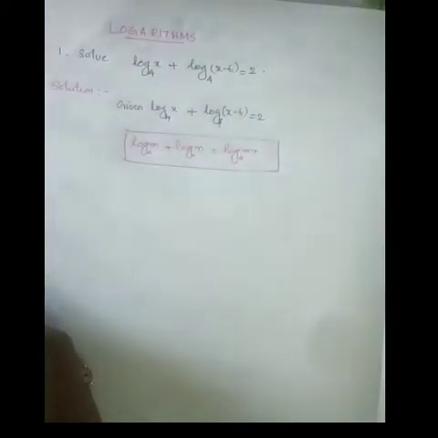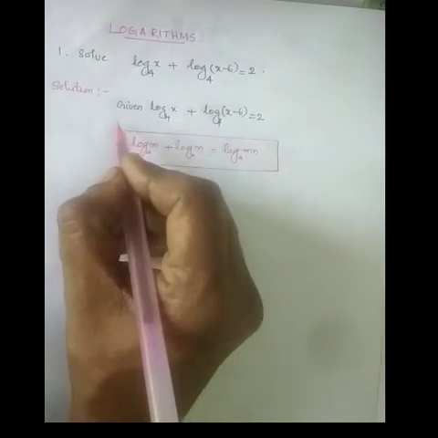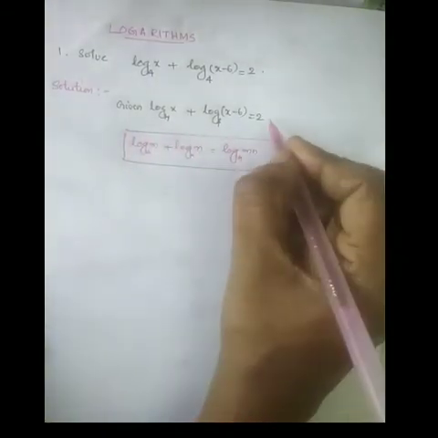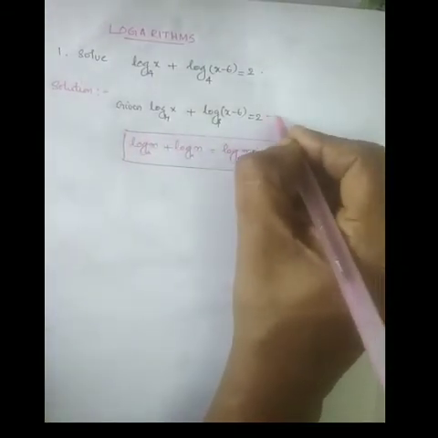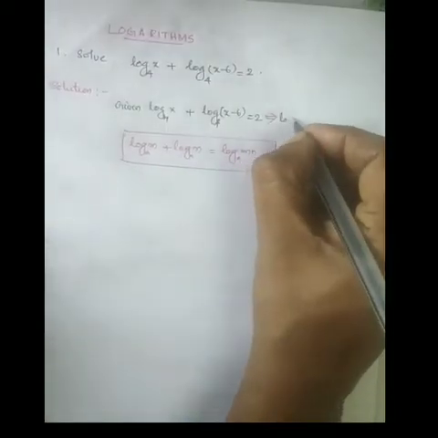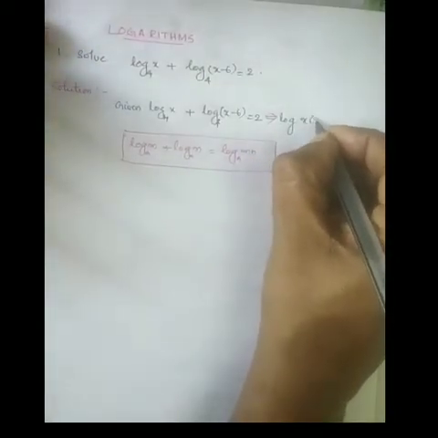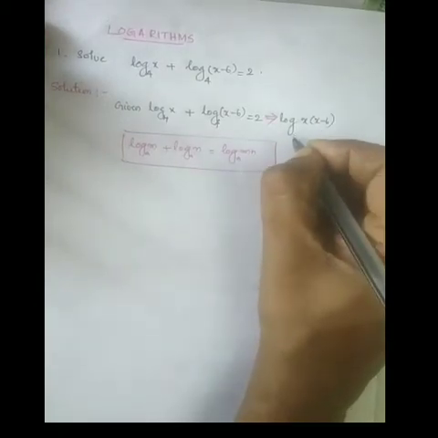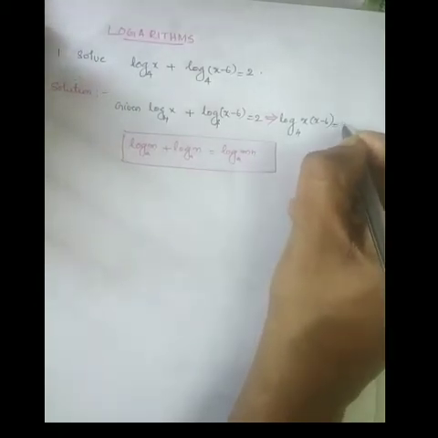Using this formula, we can write this as log x into (x minus 6) to the base 4 equal to 2.